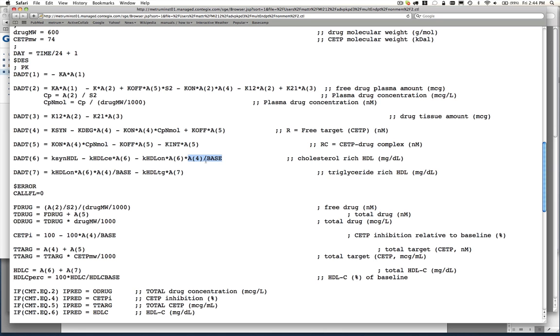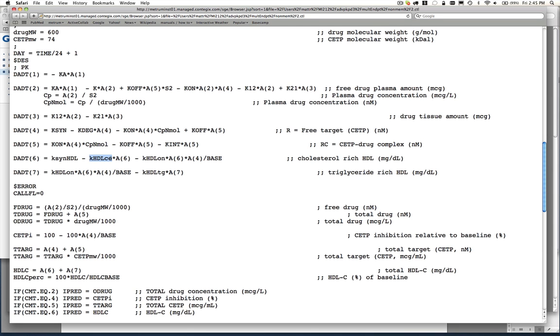In other words, it doesn't change. As soon as you decrease the amount of free CETP, this fraction here goes down below 1, and so you begin to decrease the transfer rate from 6 to 7.